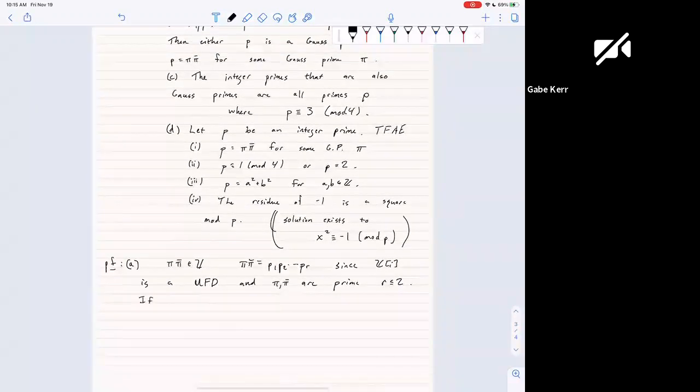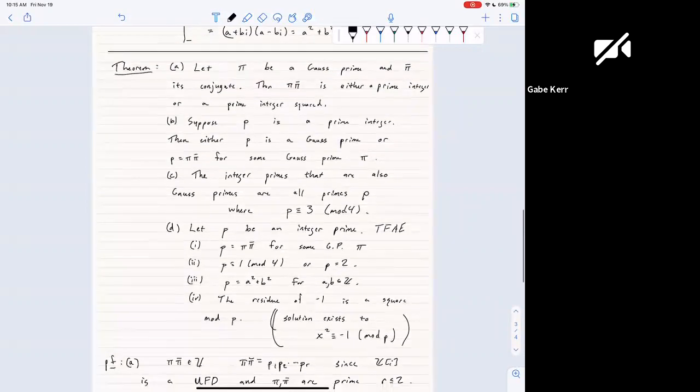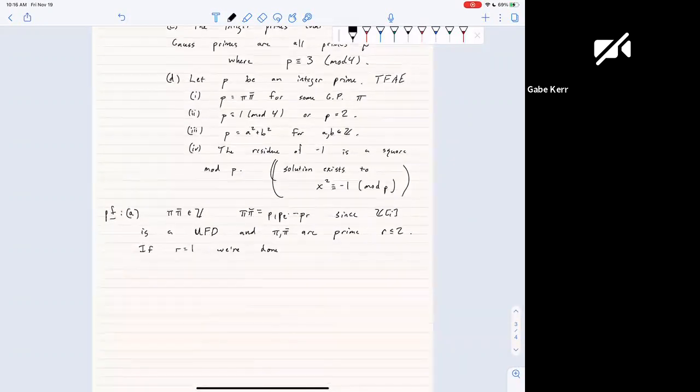If R is 1, done. Let's reread what A is saying. It's saying if we have this situation, then this is either a prime integer or a prime integer squared. So we need to show that if R is equal to 2, then P1 and P2 are the same.